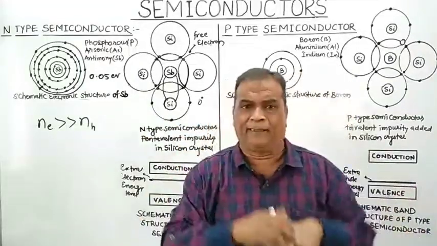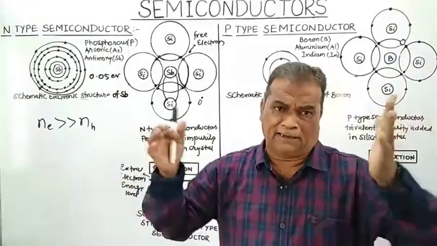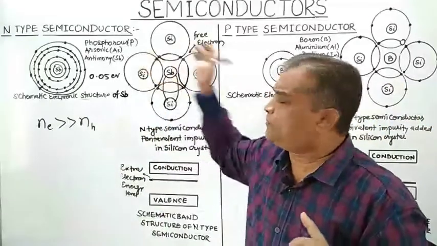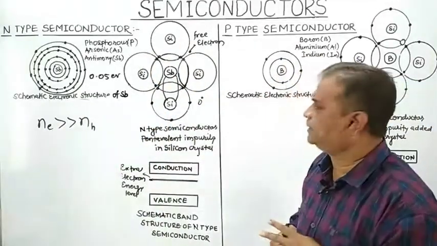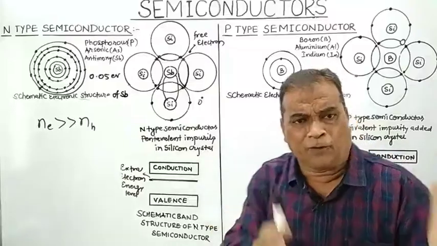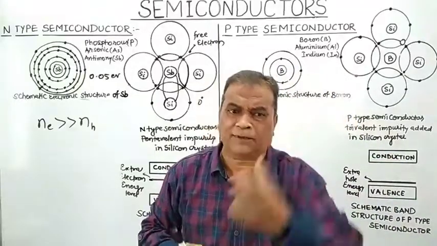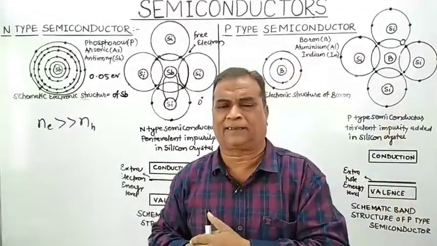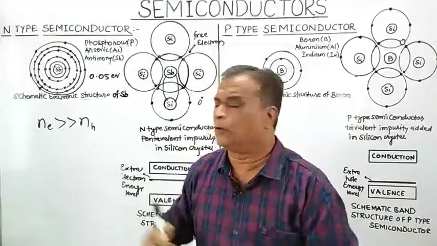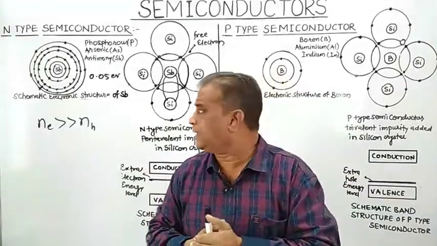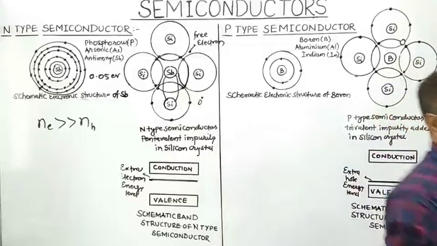So on applying energy externally to n-type semiconductor, two types of charge carriers are made available for conduction of electricity. First, free electron as a majority charge carrier, and second, free hole as a minority charge carrier. So this is all about n-type semiconductor.